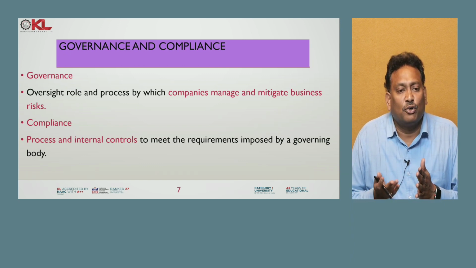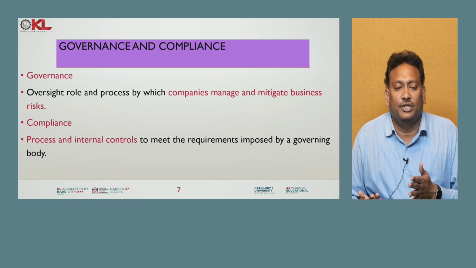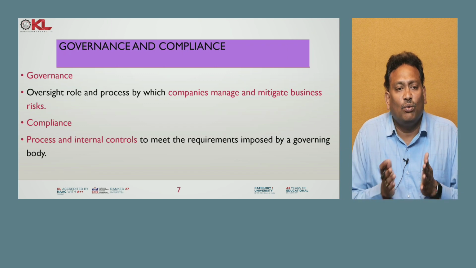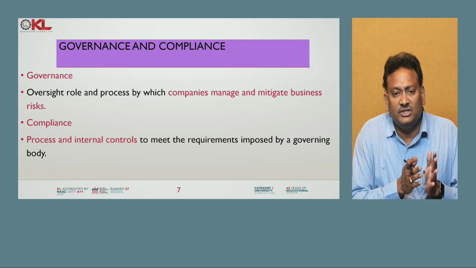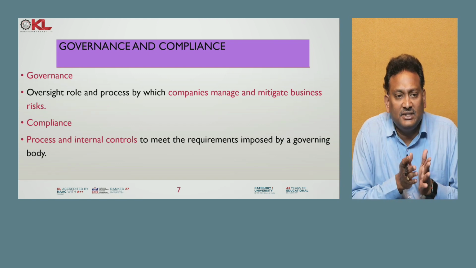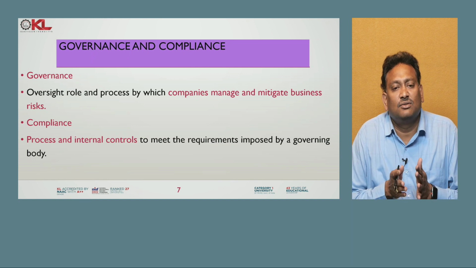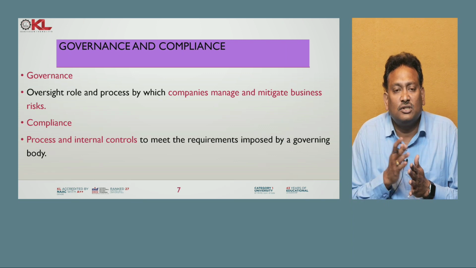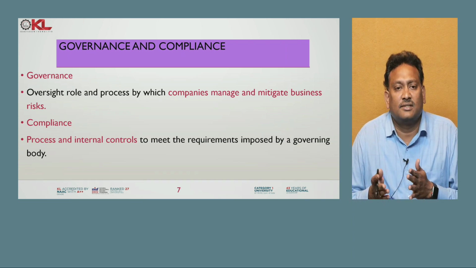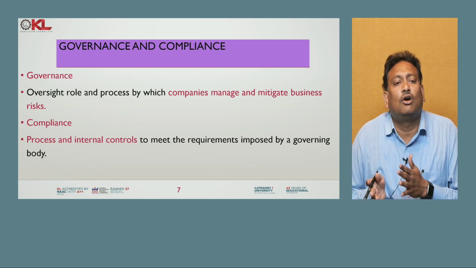So governance is following rules and regulations to manage and mitigate business risk, and for control and security purposes we meet all the requirements defined by a single authority. The process of obeying all the rules and regulations defined by that authority is known as compliance.